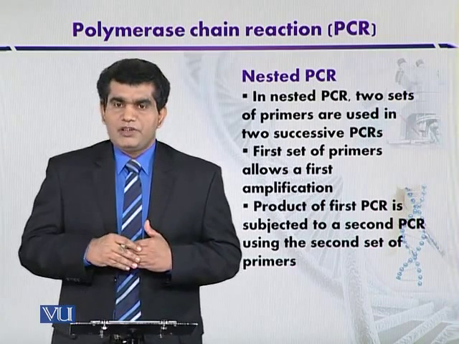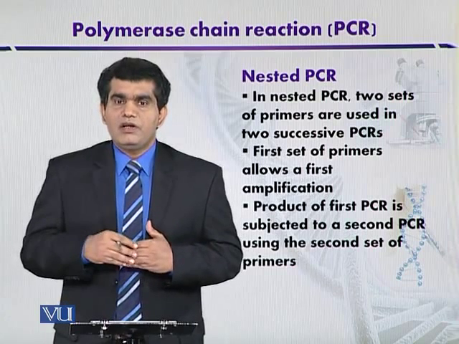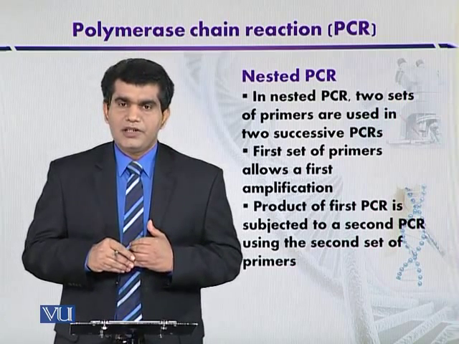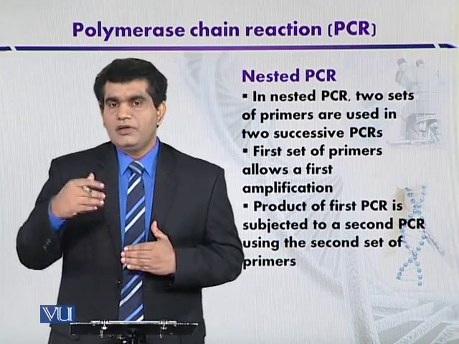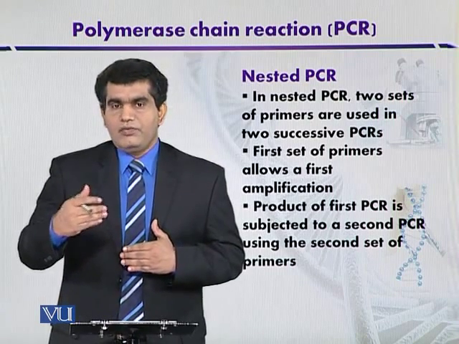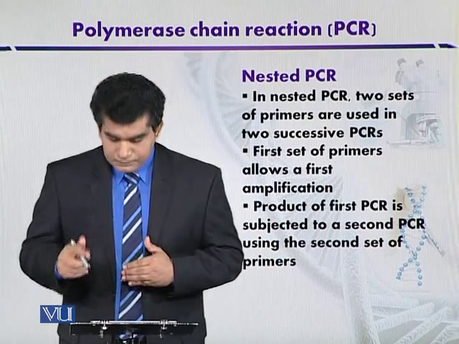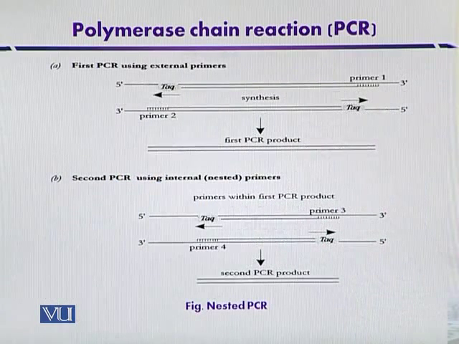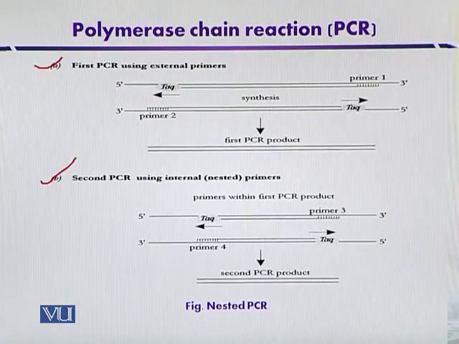So what may be the basic reaction? Again we will explain it diagrammatically, that is, what may be the actual situation or outline for nested PCR. So this process can be divided into two steps, here A and B. In the first step, the first PCR using external primers, that is by using an external set of primers, we can perform amplification.